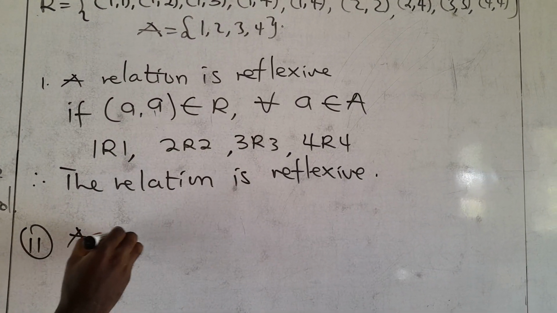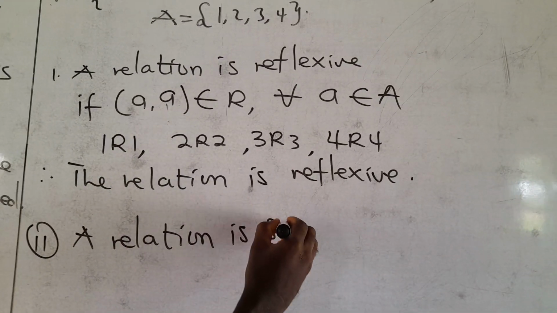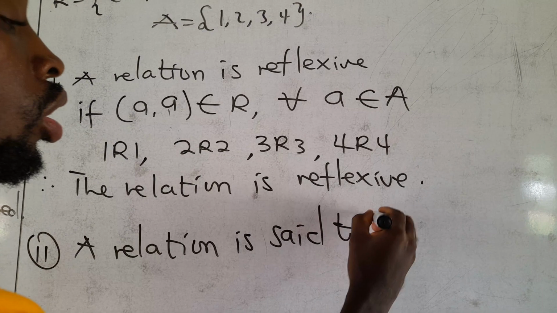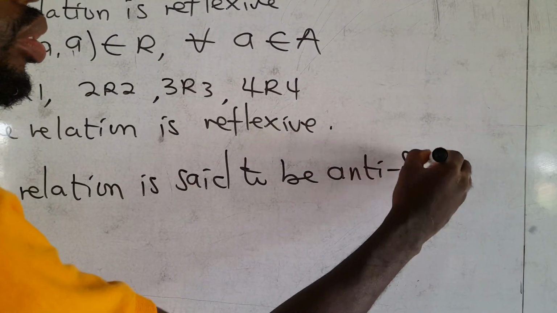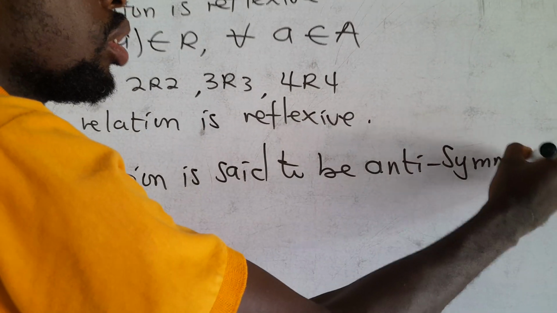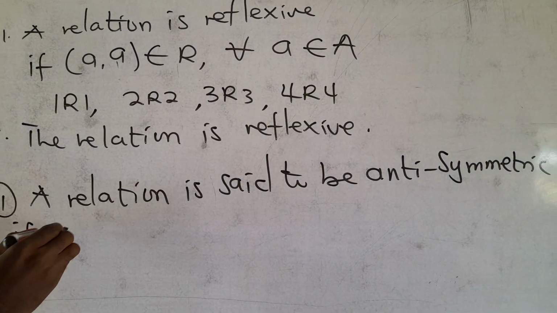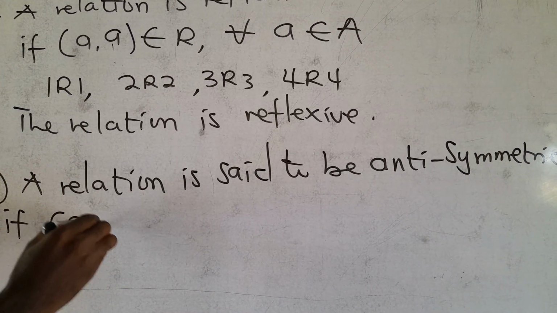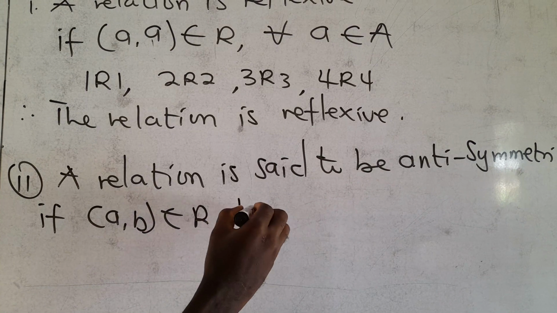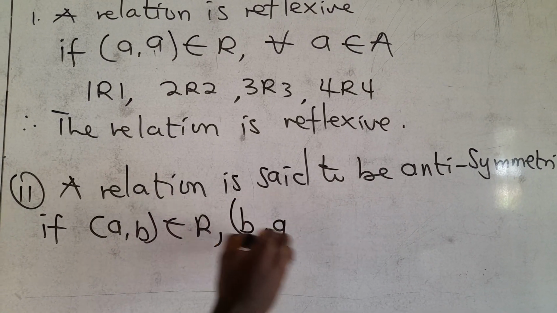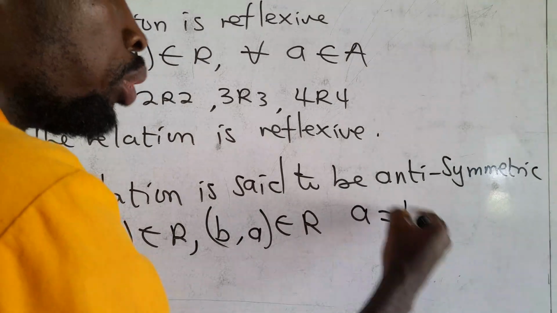We said that's antisymmetric. A relation is said to be antisymmetric if (a, b) is a member of the relation and (b, a) is a member of the relation, then a must be equal to b.